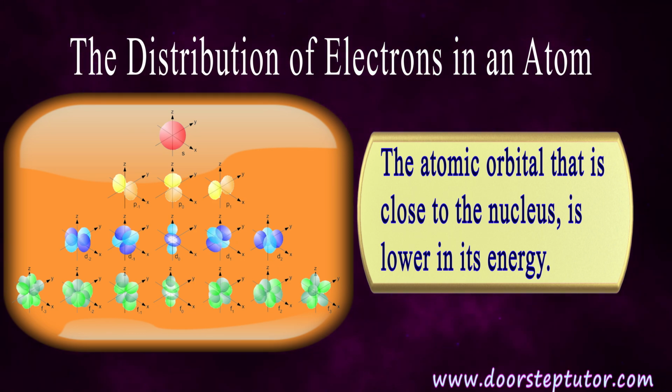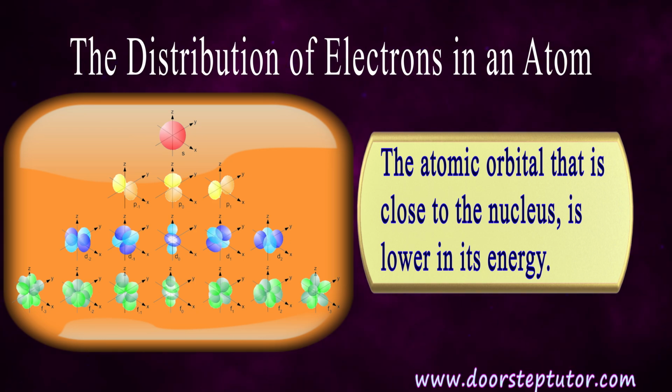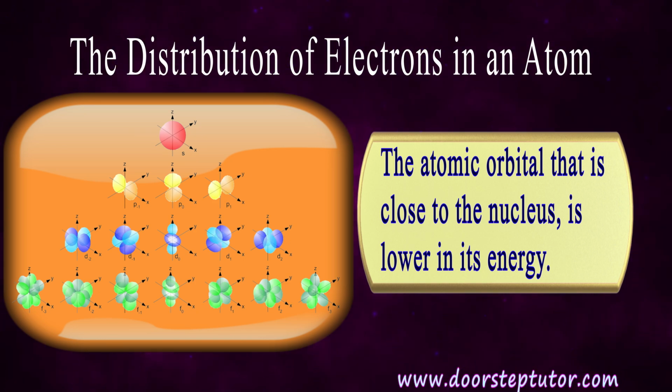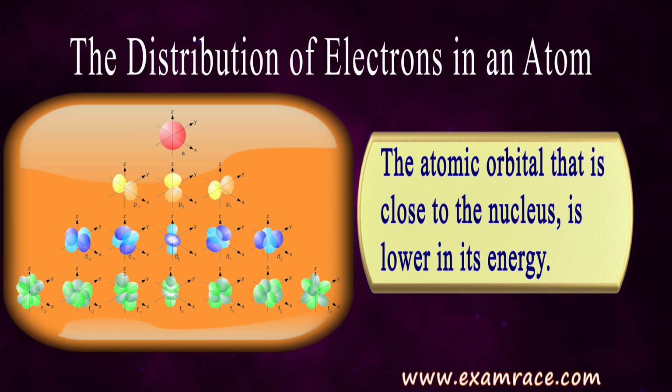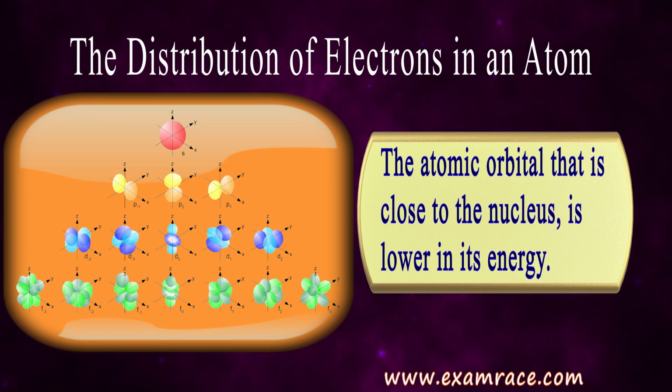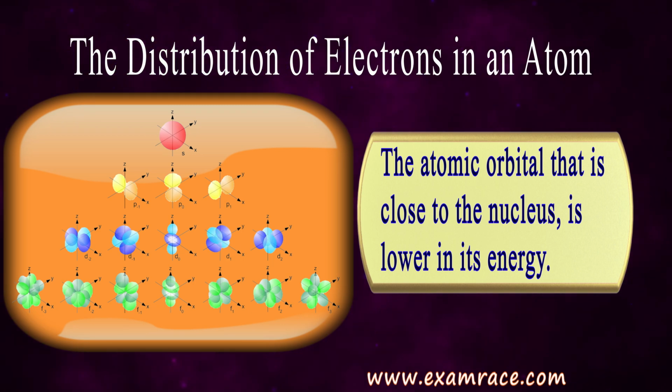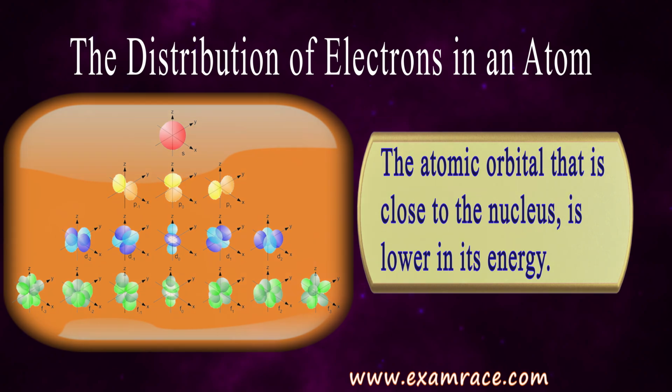In the third one, the two yellow balls are showing the p atomic orbital, and the next one is the d atomic orbital, and the other one is the f atomic orbital. And all these atomic orbitals are present in the shells of the atom, as we have seen, the first energy shell, second energy shell, and the third energy shell.